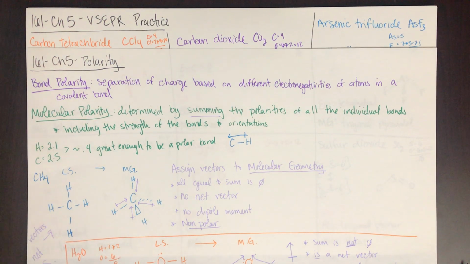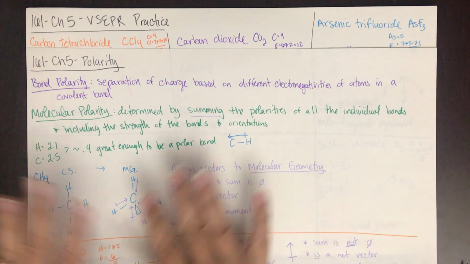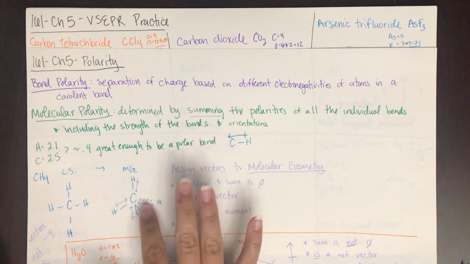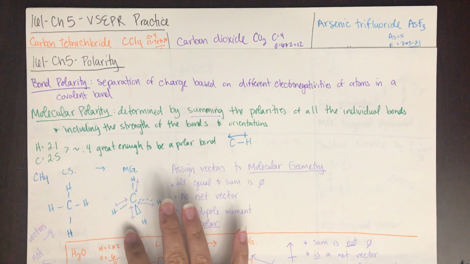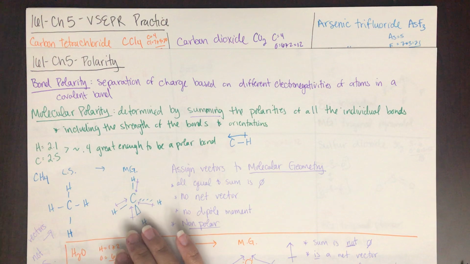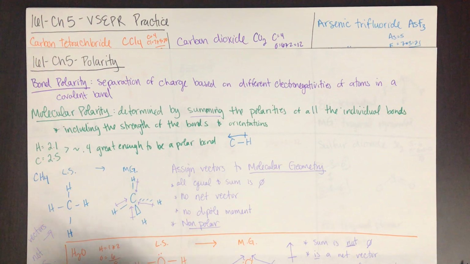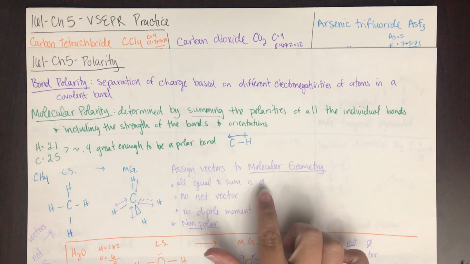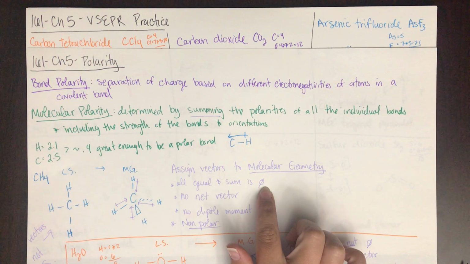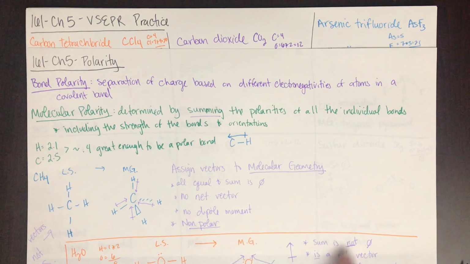Molecular polarity is looking at all of the vectors in a molecule to see if they sum to zero. If it sums to zero, it's nonpolar. And if there is a net vector, it is polar.